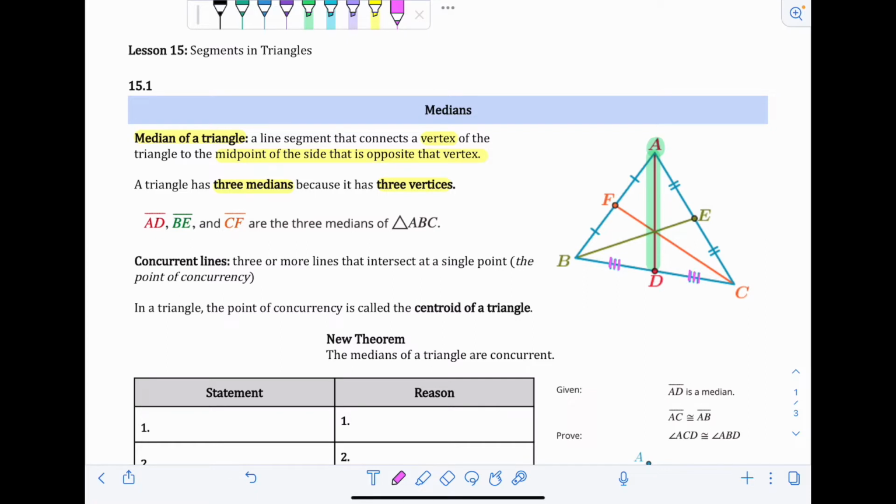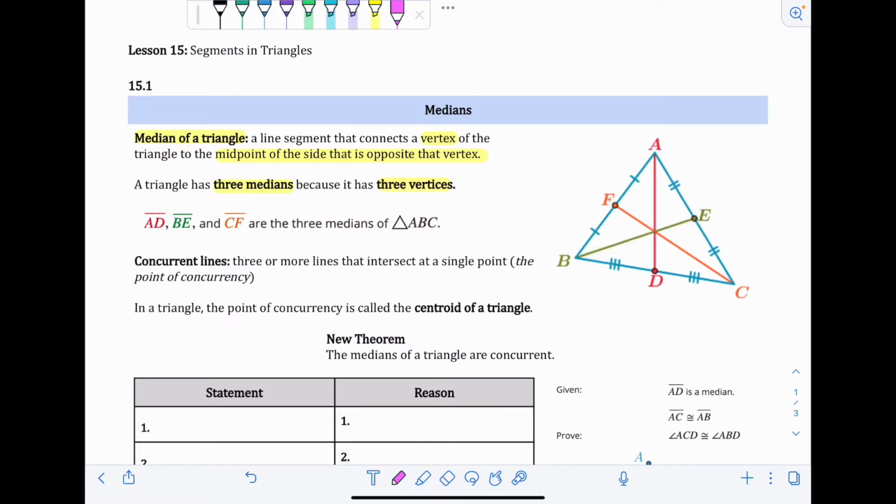That's always true. Every time you have a median, it'll extend from the vertex, say C, to the opposite side and cut that opposite side into two congruent halves. And then the last one from vertex B goes over to the opposite side and cuts that opposite side into two congruent halves.